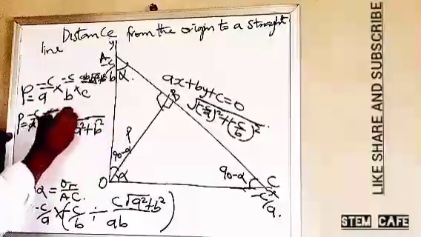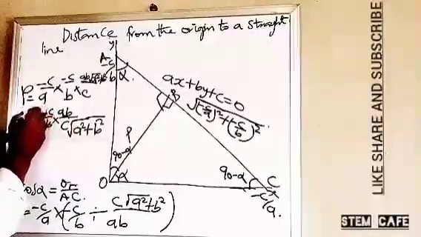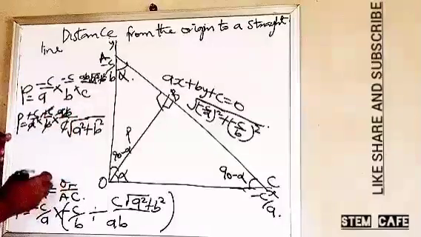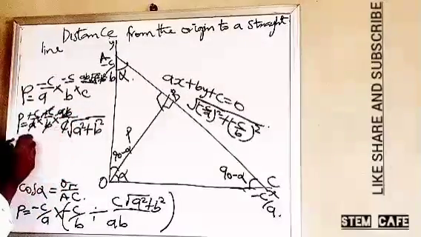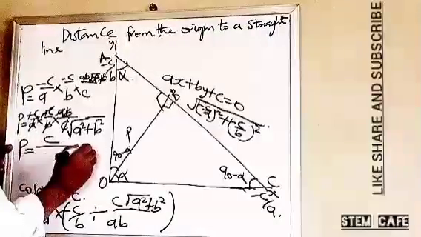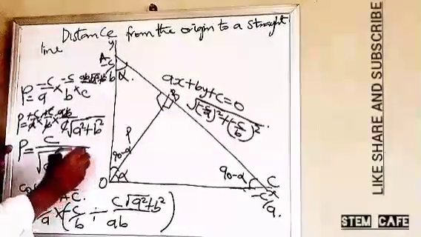So cutting this one, this one becomes positive. So at the end of the day, I have P equals C over the square root of A squared plus B squared.